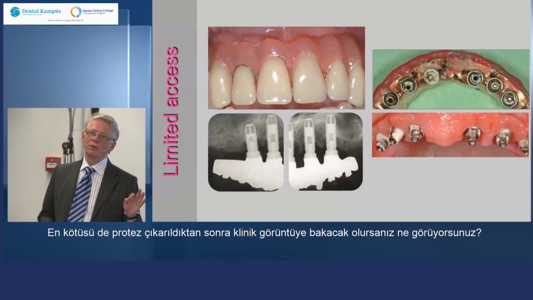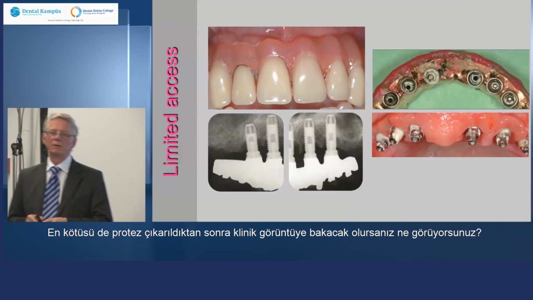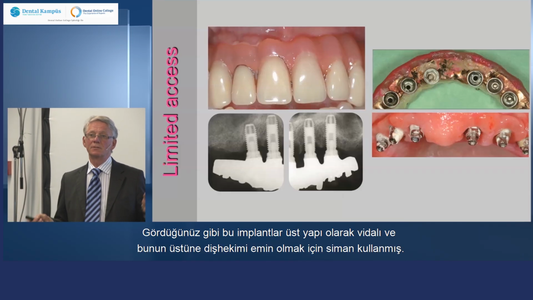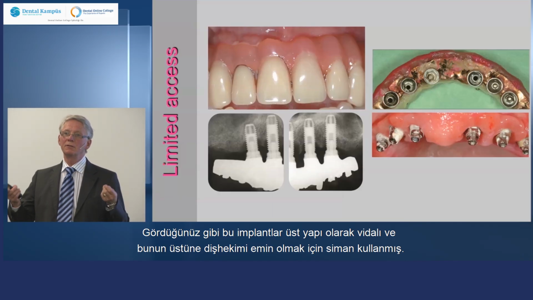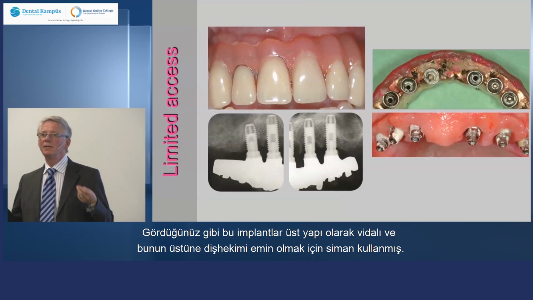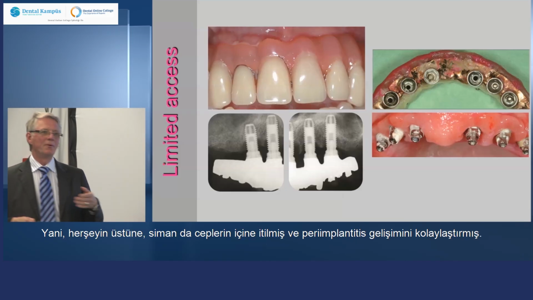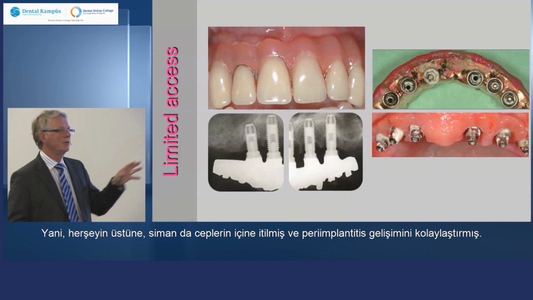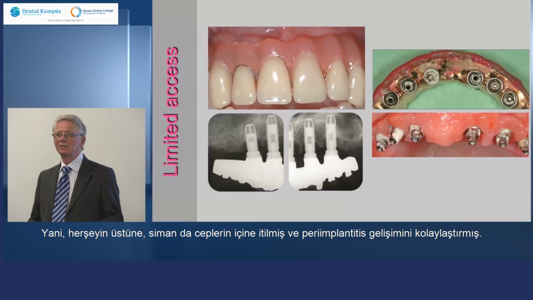And worst of all, if you look at the clinical slide after removal of the prosthesis, what do you see? These are implants where the superstructure is screwed on. On top of that, the dentist did put some cement, just to be sure. So on top of everything, the cement has been pushed down in the pockets, really favoring the development of periimplantitis.